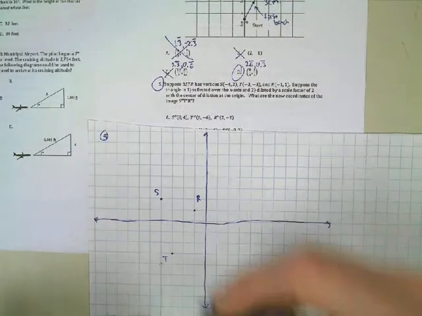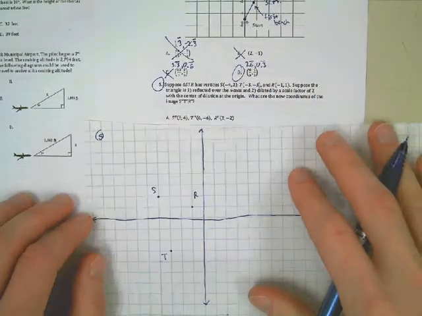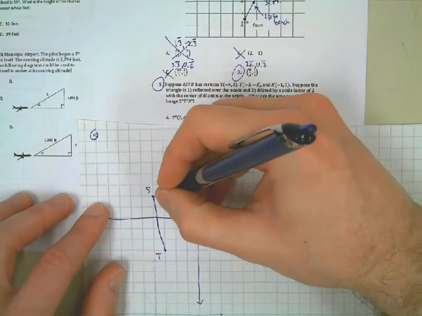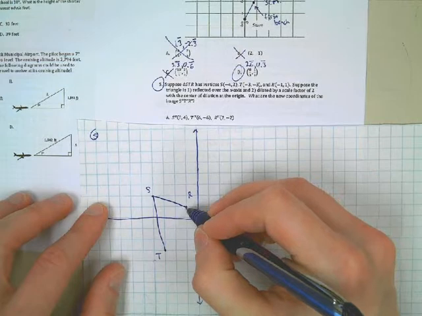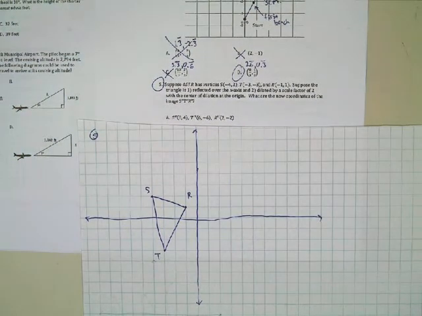Oh, you can't see it on the paper, sorry. And you can use your straight edge if you want to connect the dots. You don't need to, but... Okay, there's S, T, and R. Okay, and so once you got those all graphed, we'll then take a look at doing our little transformations.